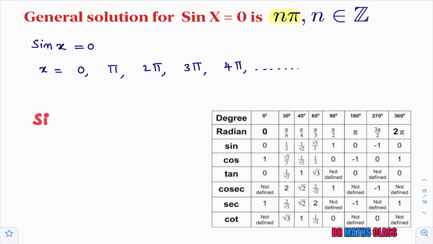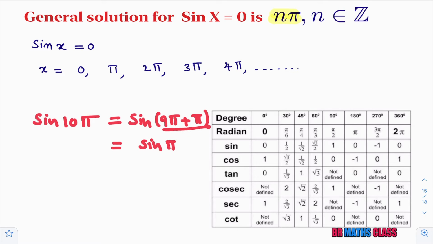For example, if you want to calculate sin 10 pi, what is the sin 10 pi value? This 10 pi can be written as 9 pi plus pi. Now you observe here, as 9 pi is there, the function remains the same. So this is sin pi. 9 pi plus pi. Odd number into pi plus theta lies in which quadrant? Odd number into pi plus theta lies in the third quadrant.